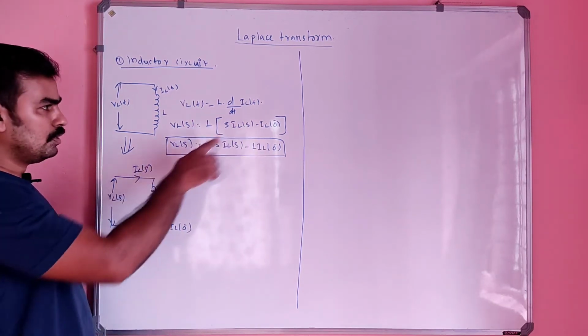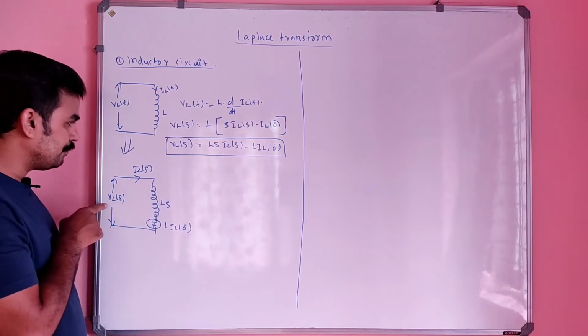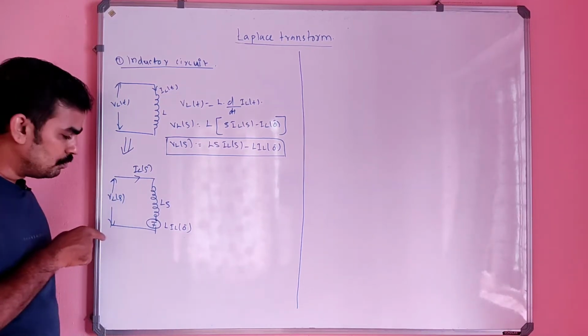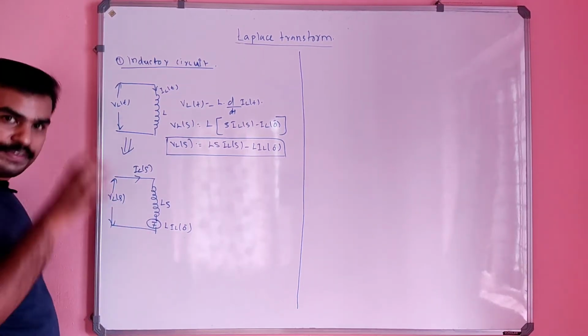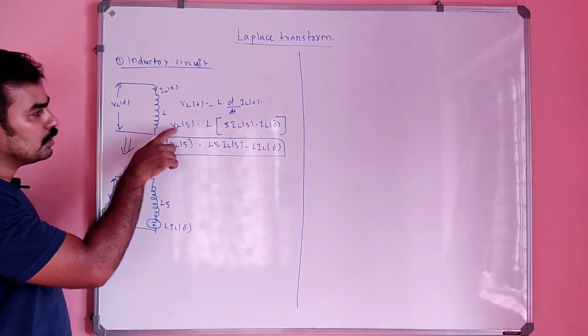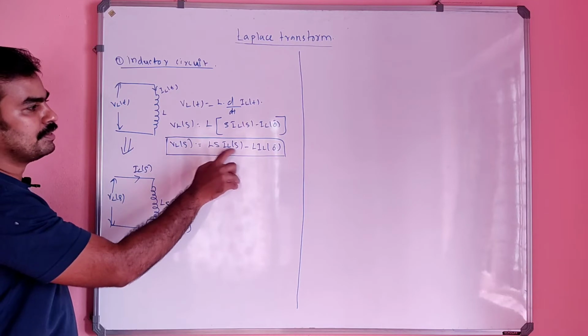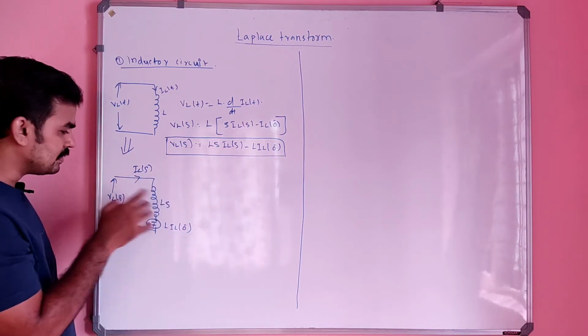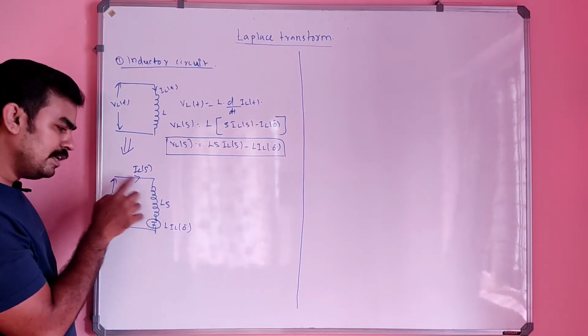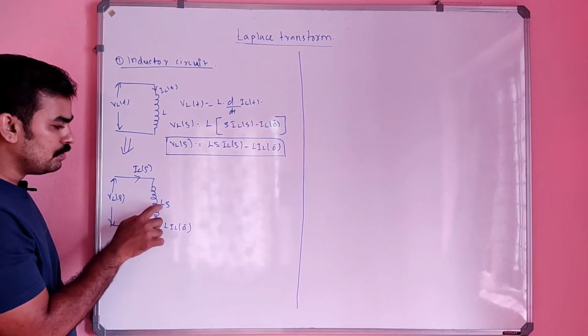Okay, so applying this equation, I get what? Convert it into the simple Laplace transform S domain figure. VL of S will be equal to, right? The same voltage equation you can apply here. The current is nothing but IL of S now, so VL of S is equal to IL of S into LS, right?